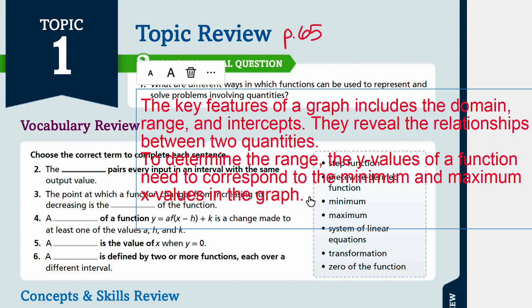And then we also talked about the function transformations, right?